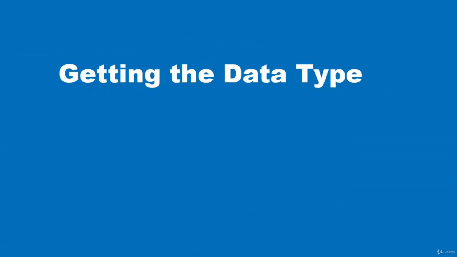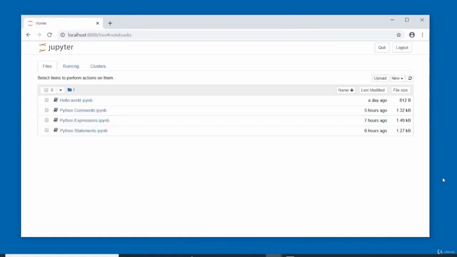You can get the data type of any object by using the type function in Python. Basically you pass in a value in between the parentheses, and this type function will return the data type. So let's create a new notebook and experiment with some data types.